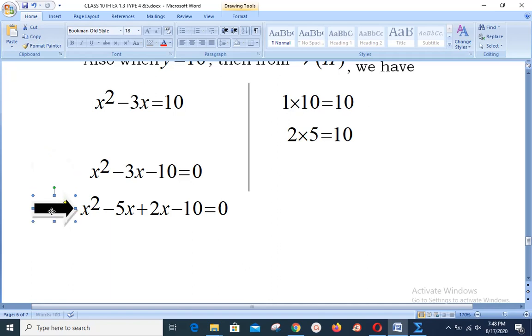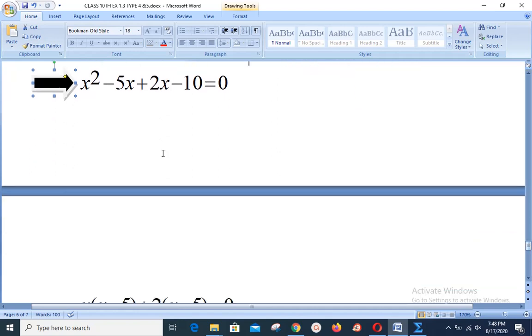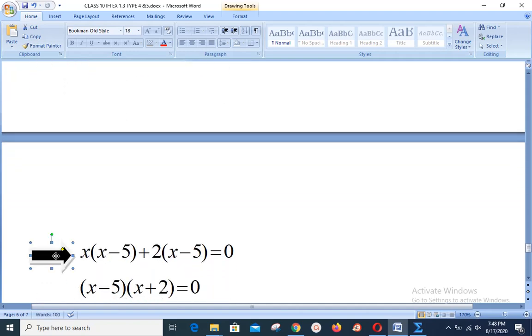Hope it is clear. It is easy to understand as you have already completed the factorization method. Now taking common from the first two and from the next two as well, x is common from the first two, so we are left with x into x minus 5, whereas in the second one we are left with plus 2 into x minus 5, which is equal to 0.